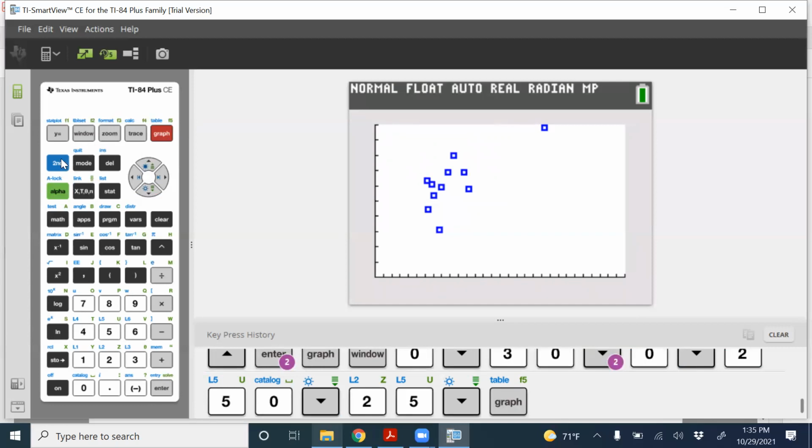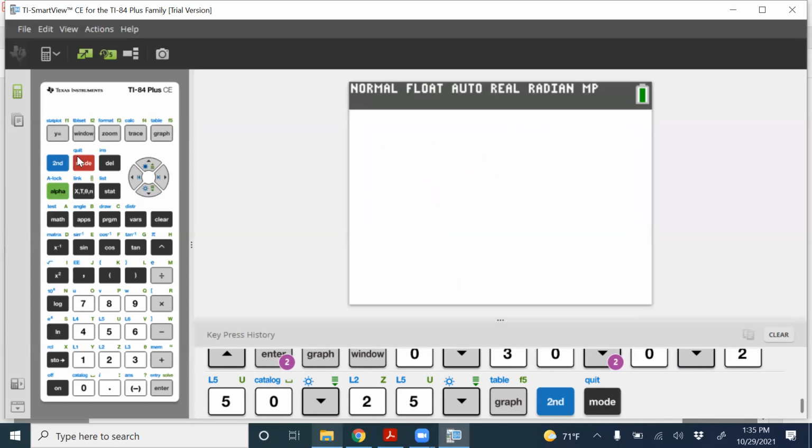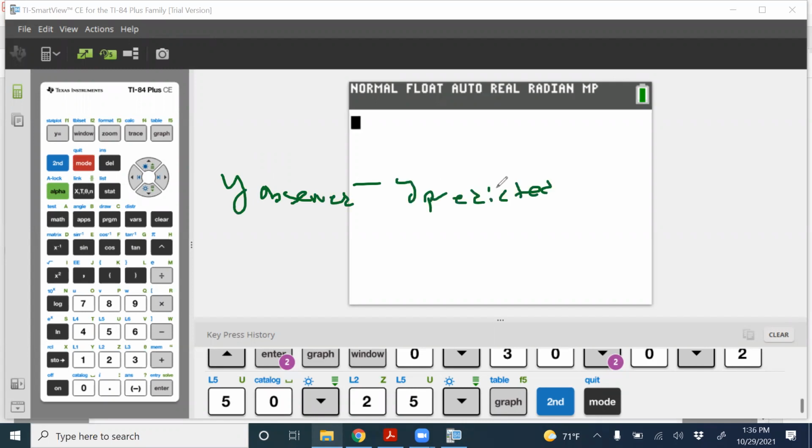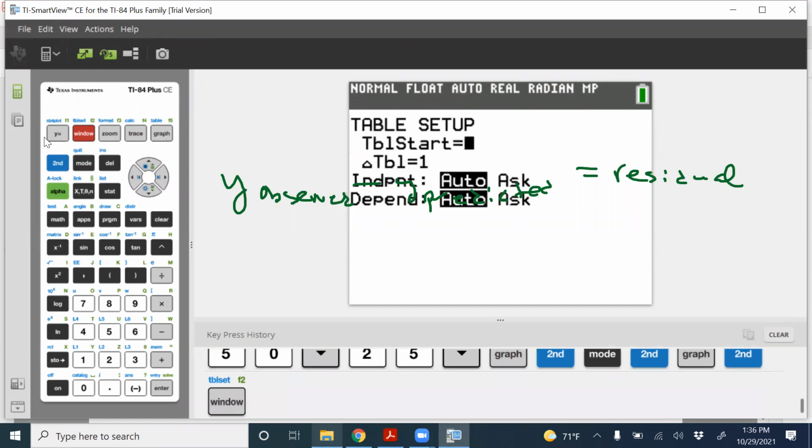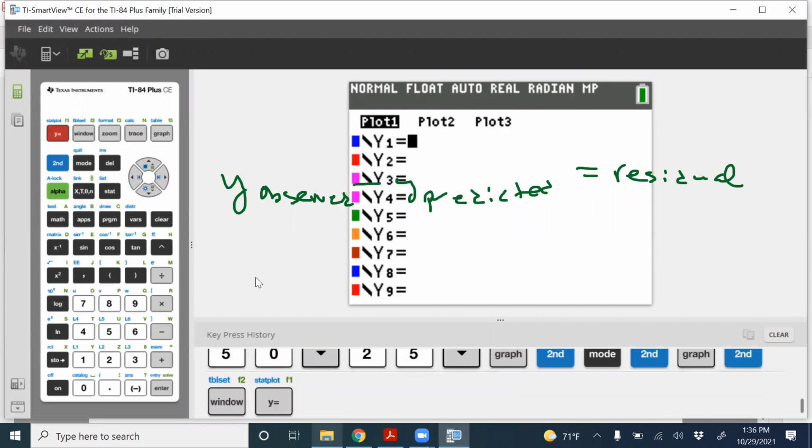To make the residual, what you do for the residual is always going to be your observed minus your predicted. That's going to be residual. So what you could do is put the regression equation in here, so you could store.